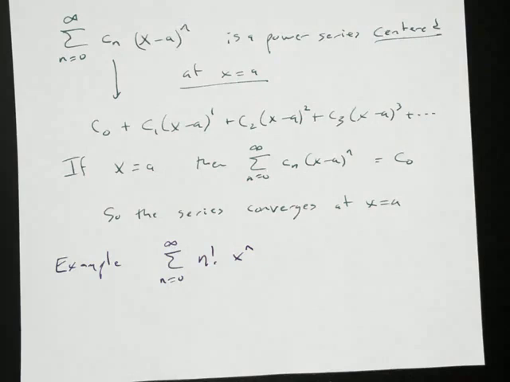I would like to know where this converges. Right now, the only place I'm sure this is going to converge is if x equals 0, because that's 0 factorial times x to the 0, plus 1 factorial times 0. Oh, wait a minute, 0 factorial is equal to 1. That's equal to 1 when x equals 0.